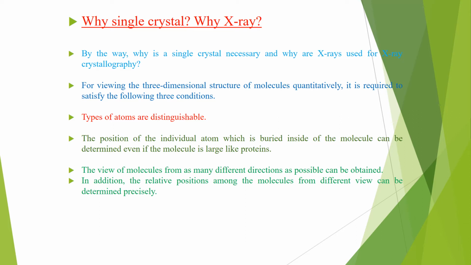Number two, the position of the individual atom which is buried inside the molecule can be determined even if the molecule is large like protein. And number three, the view of molecules from as many different directions as possible can be obtained.